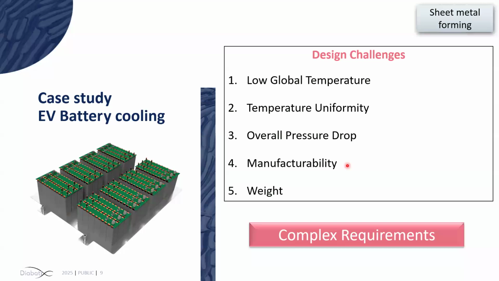And then we also tried to limit the weight of the cold plate so that it does not exceed a particular threshold value. Now, if you consider all of these requirements, accounting for them at one time in one single setup is not that easy with the conventional manufacturing process.